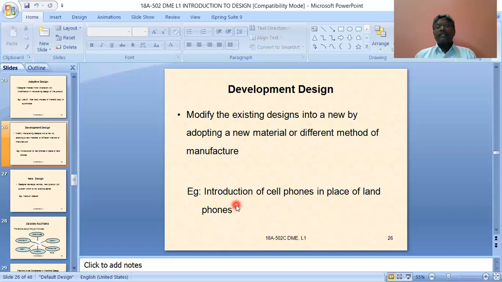But cell phones have additional features compared to land phones. Land phones are only wire phones, whereas cell phones are wireless, and in cell phones there are so many features. The land phones are obsolete, whereas the cell phones are nowadays invented, developed components. So developmental design means an already existing design should be modified with different methods and materials. This is the developmental design, right?